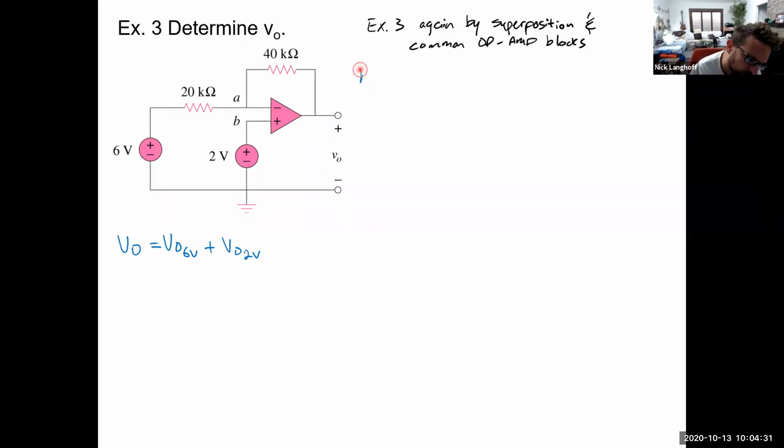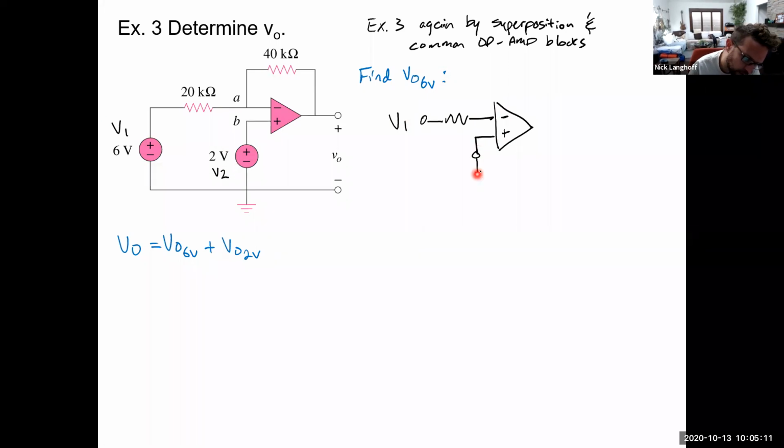All right, so let's find the formula for V out due to the 6-volt source. When we redraw the circuit by turning off the other source, here's V1 and this is V2. V2, connected to the non-inverting terminal, has been grounded.